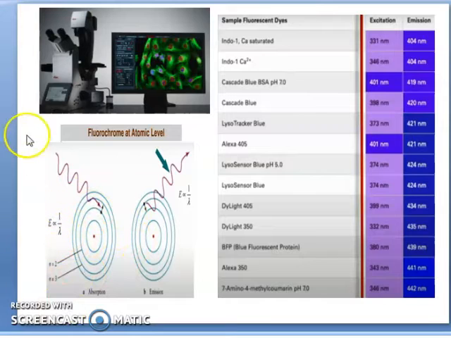Suppose we illuminate a particular wavelength of light on an atom of this fluorochrome. The electrons absorb this light and jump to the higher orbital. This lasts just a fraction of a second. When the electron comes back to its original orbital state, it emits energy, but this energy is less than the energy that was used for illumination.